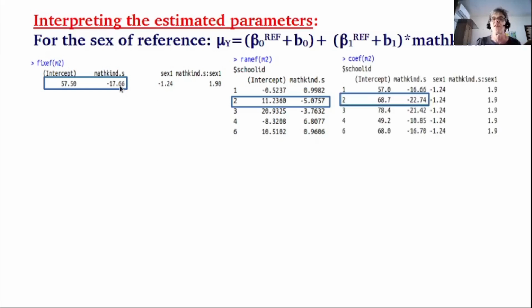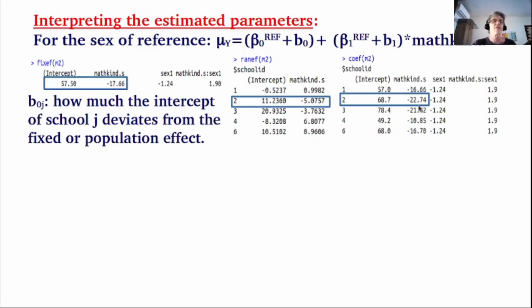If we actually ask for the coefficients, if we add 57.5 plus 11.23, this is going to be the intercept and the slope for the reference sex for school number 2.